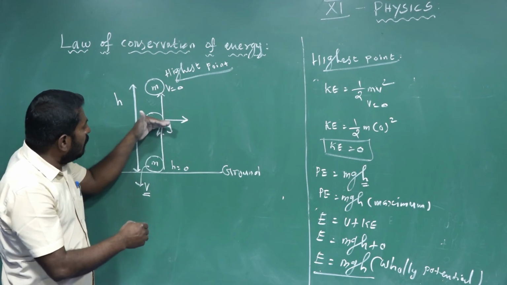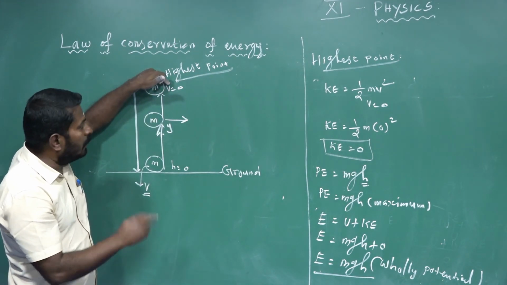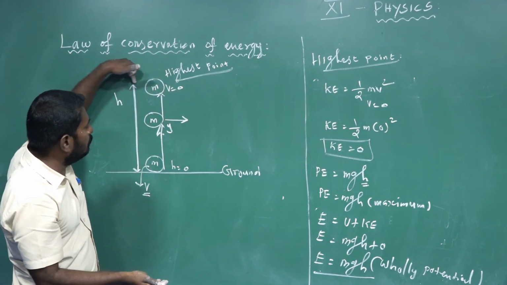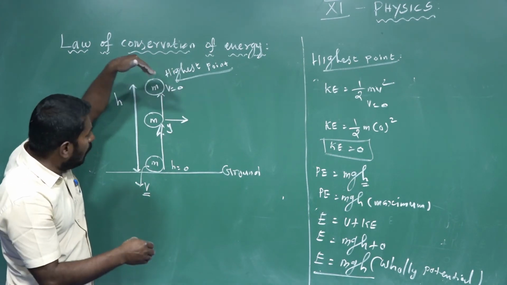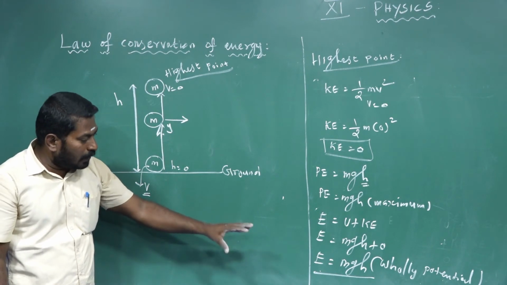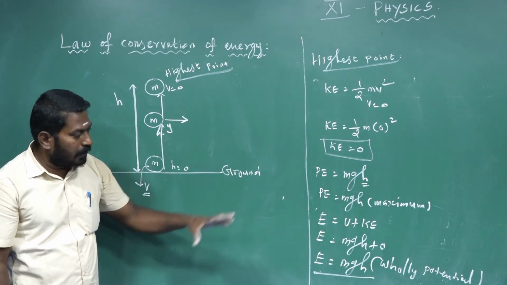If your body reaches the maximum height, the velocity is 0, hence kinetic energy is 0. At maximum height, the potential energy is maximum, mgh. So at the highest point, the total energy possessed by your body is wholly potential energy.